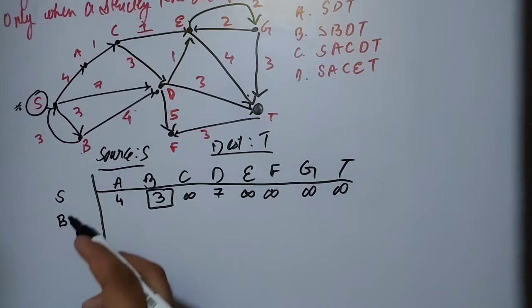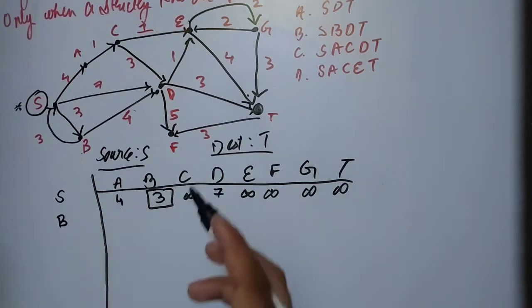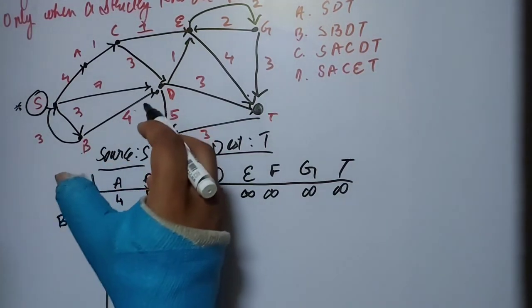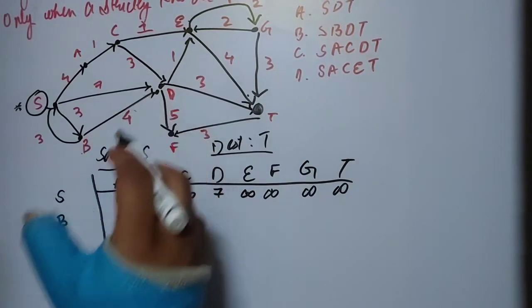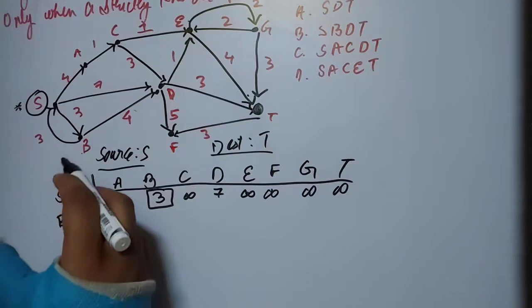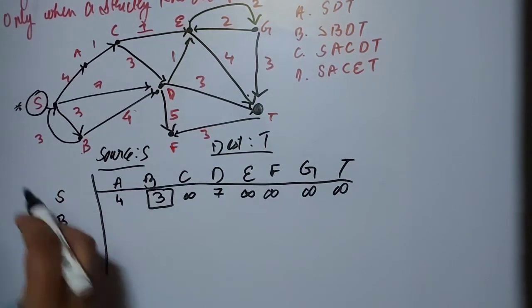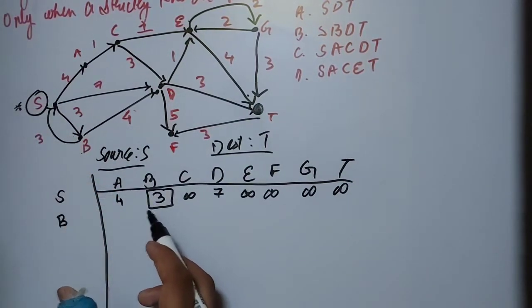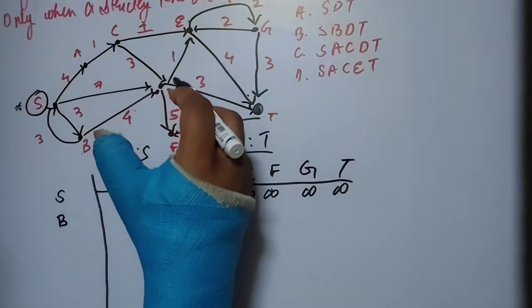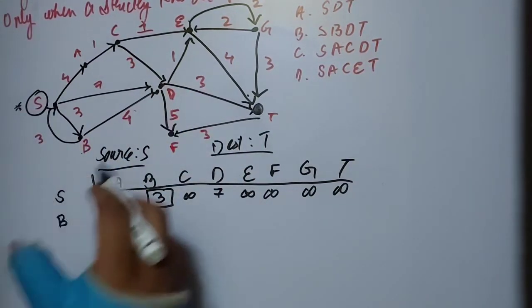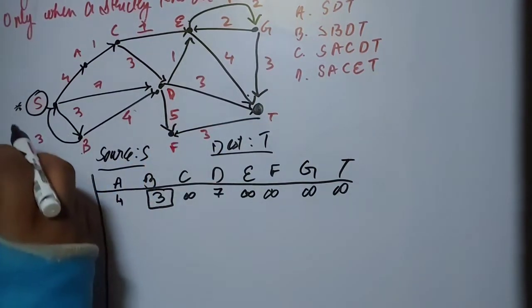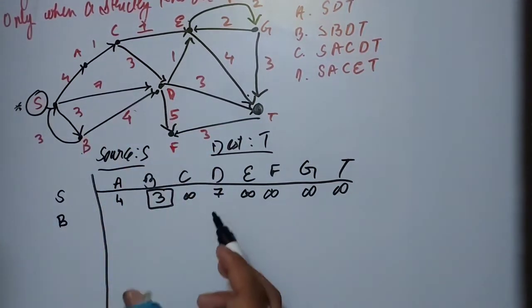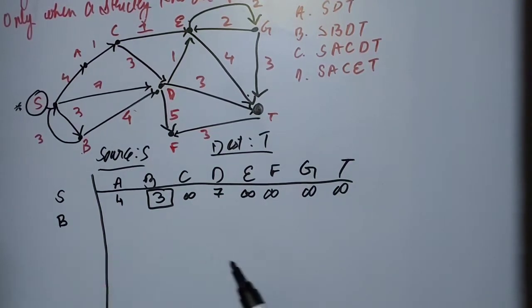let me check how many vertices we could reach from B. We could reach from B to D, they are directly connected with distance 4. So we could reach B from S in 3, and from B we could go to D in 4. So S to D via B is 7. But we know that S could directly reach D, and that is 7, and the newly discovered path is also 7.